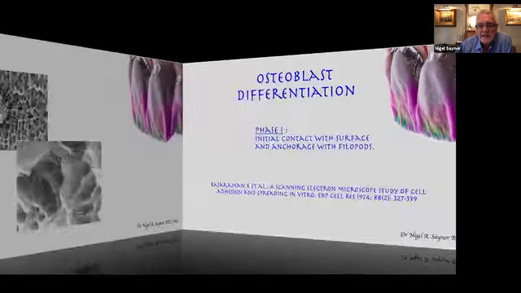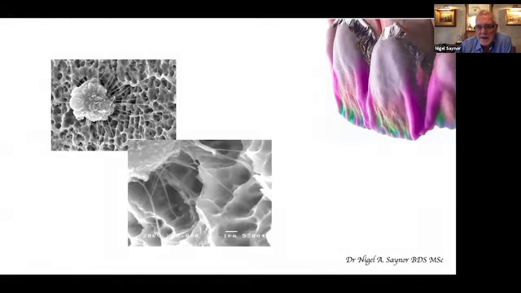You see this microscopically. These little filopods actually attach to the various roughened surfaces, the little grooves, little holes that you have on the surface of the implant. And that's how the little osteoblast attaches to the surface of that implant.